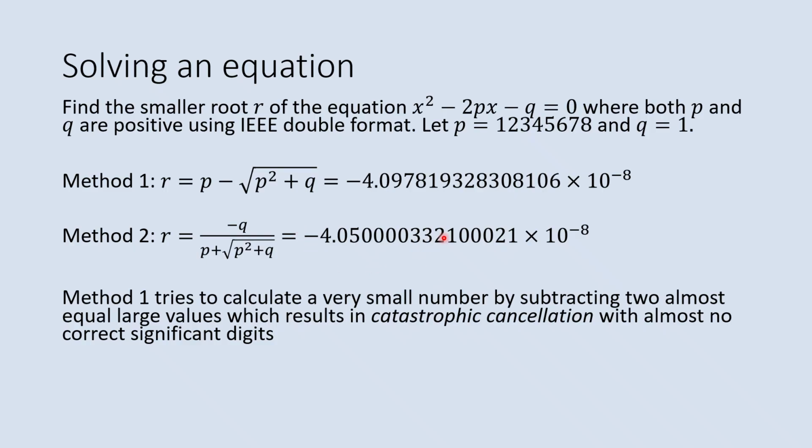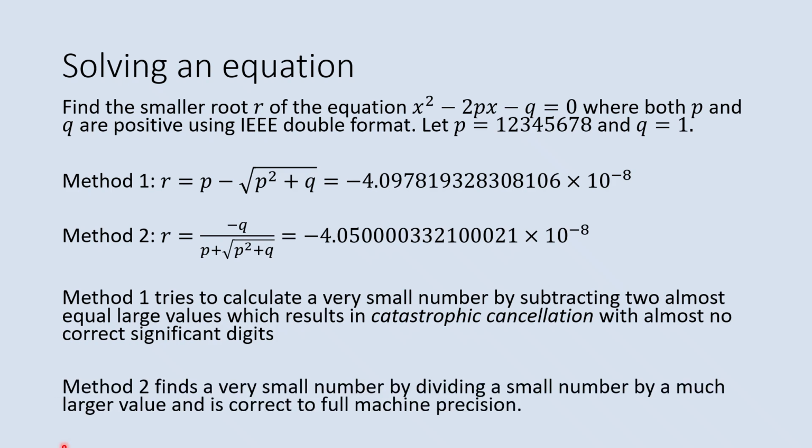And so what happens is you get what's called catastrophic cancellation. It results in a number that has almost no correct significant digits. You had a big number and you subtracted another big number, and an awful lot of information got lost.